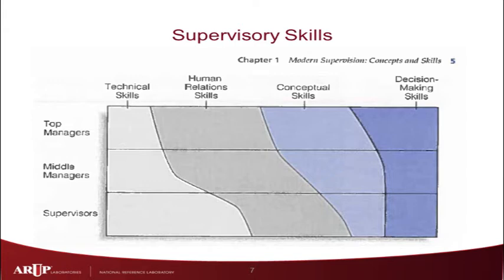How those human relations skills are used may vary depending on the level of the leader. A supervisor may be dealing with personality conflicts or certain things that way. If those situations aren't resolved by the supervisor and they get escalated, it will go to a middle manager, perhaps even getting escalated to a top manager.